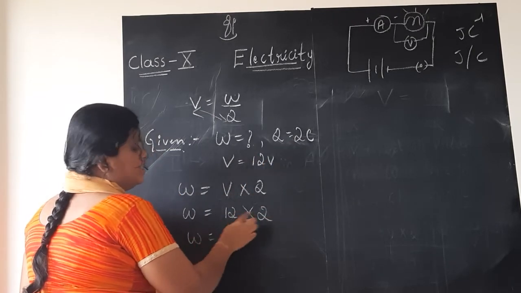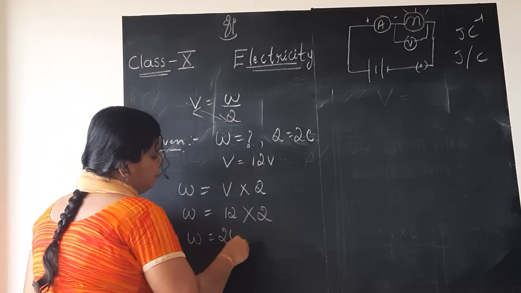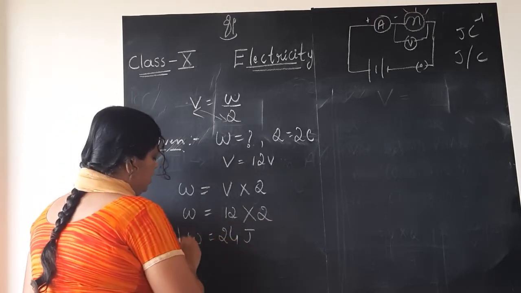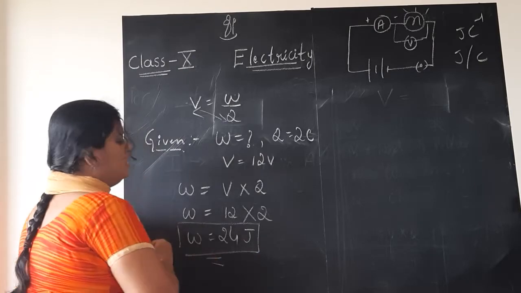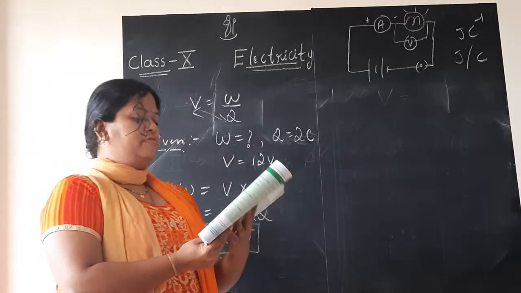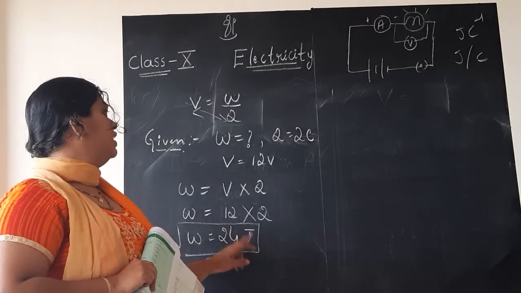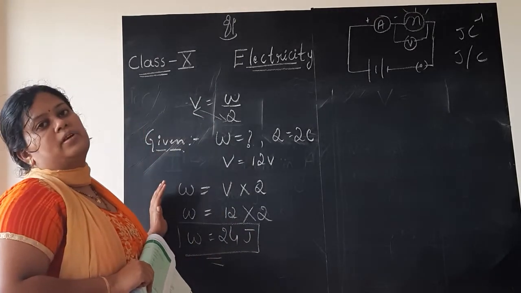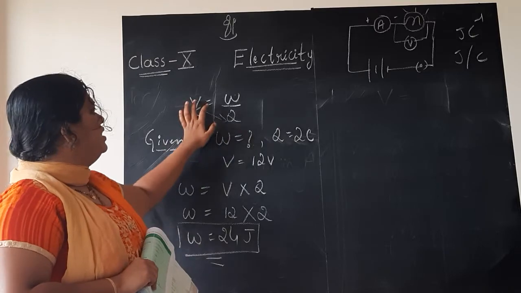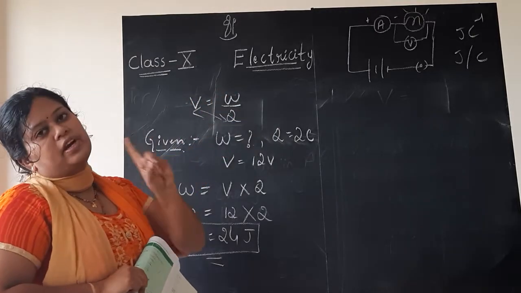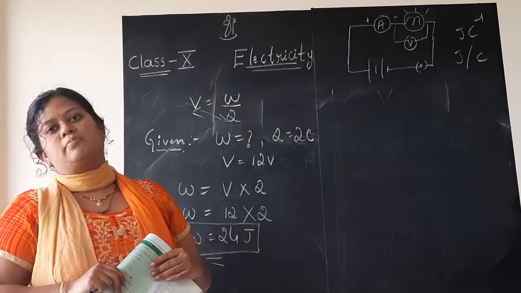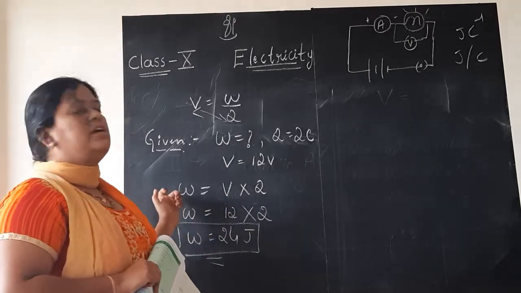So work done is 12 twos are 24. What is the unit of work done? Joule. So W is equal to 24 joule is the answer. Always write capital J. This is how you solve the problems on this formula. Either V, W or Q, any one will be the unknown data in the problem. So this is how we solve, children.